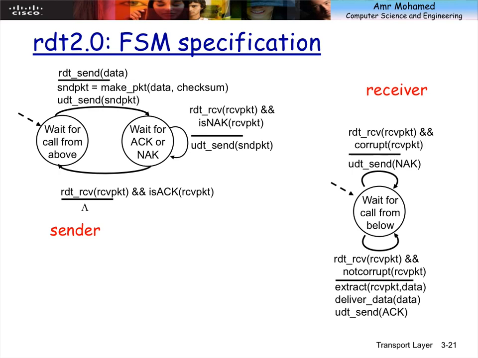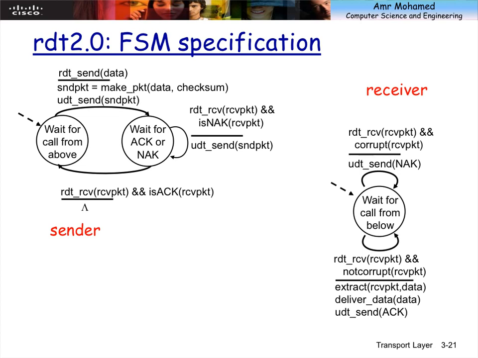Again, from the higher layer point of view, it's RDT send, okay? And then this is split into two directions. There is UDT send and UDT receive. Both of them are RDT send. So RDT send from above will be split into two: UDT send and UDT receive.